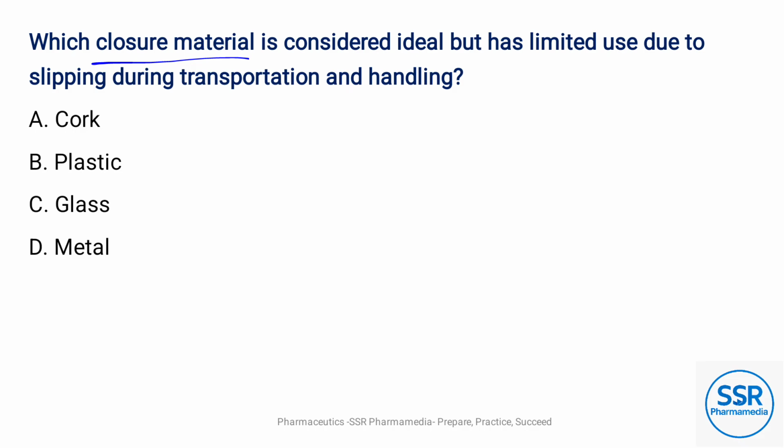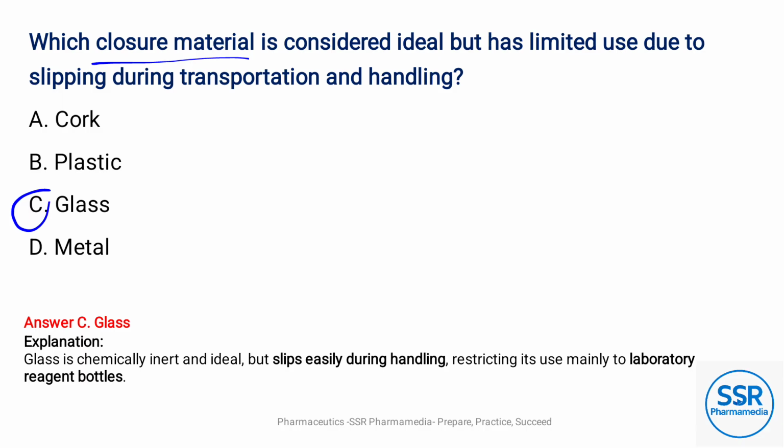Which closure material is considered ideal but has limited use due to slipping during transportation and handling? The answer is option C, glass. Glass is chemically inert and ideal but slips easily during handling, which restricts its use. It is used mainly in laboratory reagent bottles.